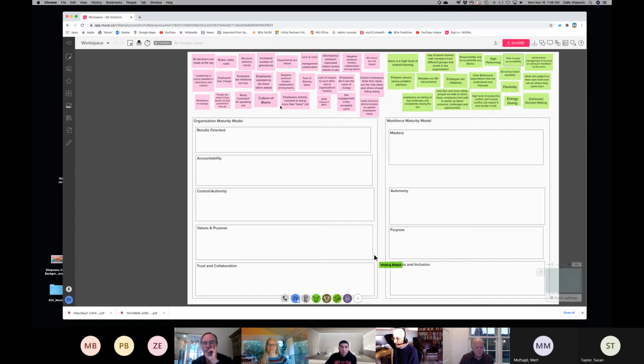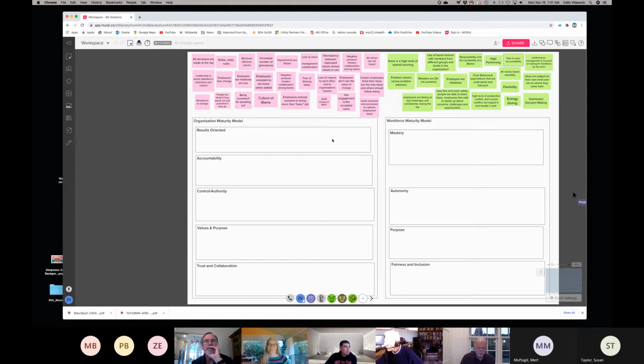Is that what you see? These pink and green things are the sticky notes that can be moved around, and they are from our previous phone call when people in the chat were saying, you know, what's a 1, what's really bad, what's a 2, and what's a 5, what is really good. So these are the things that people have suggested.